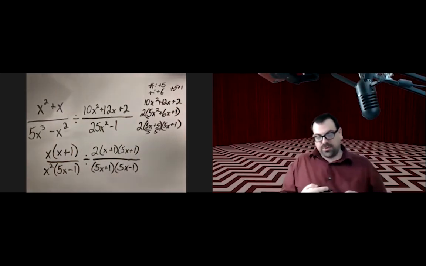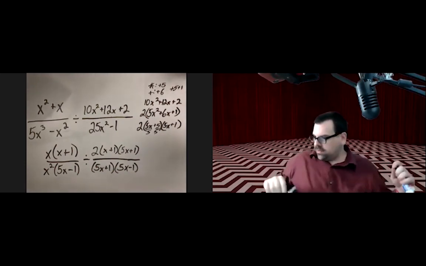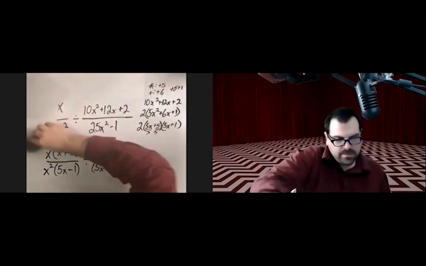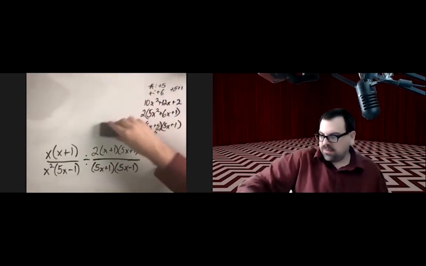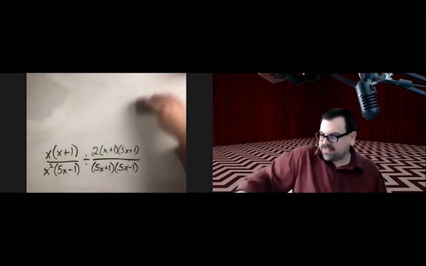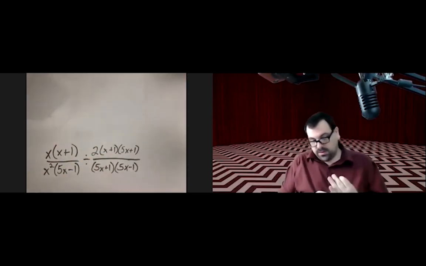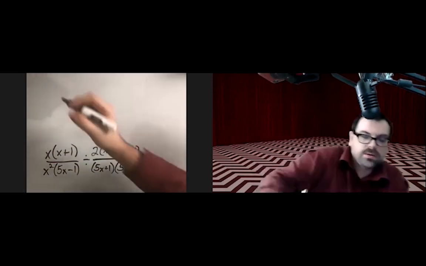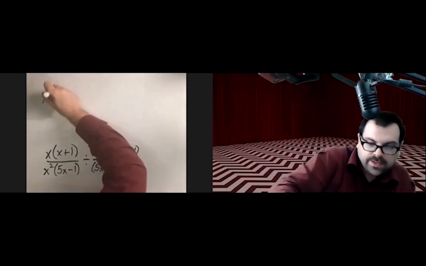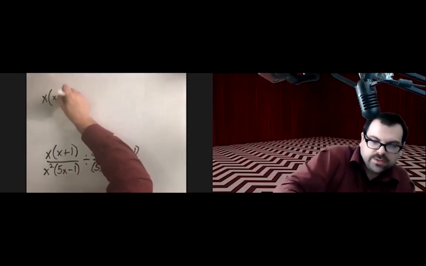Okay, we have our division problem. We have everything factored as much as we can. I'm going to write it as a multiplication problem now. For you, that'll be the next step on the page. For me, I have to erase because I need room. Keep the first one.